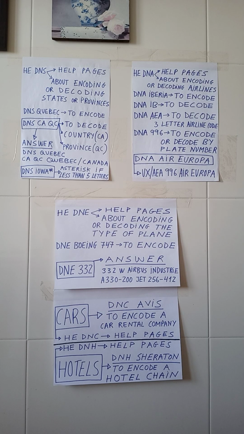AEA is the three-letter code of the airline. 996 is the plate number of the airline. And Air Europa is the full name of the airline.